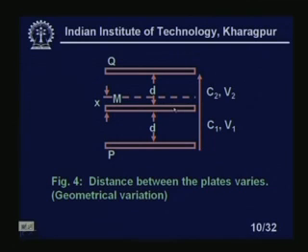The capacitance between M and Q and the capacitance between P and M will be exactly the same. If these are exactly at the mid position, the capacitance between P and M and the capacitance between Q and M will be identical. Now, suppose I push this plate M slightly upward by a displacement of X meter, then what will happen?